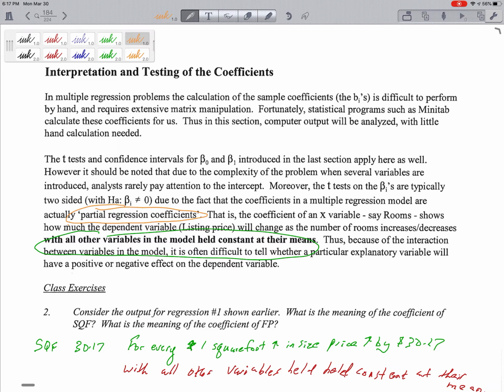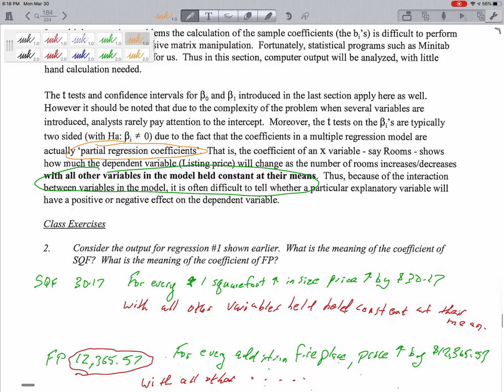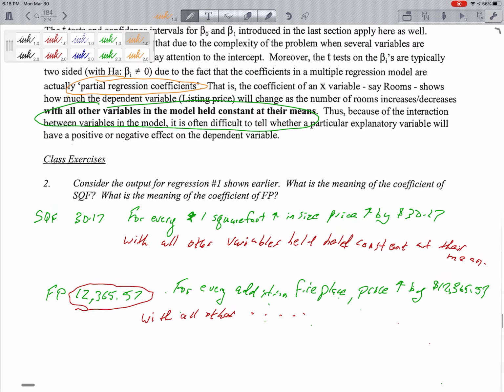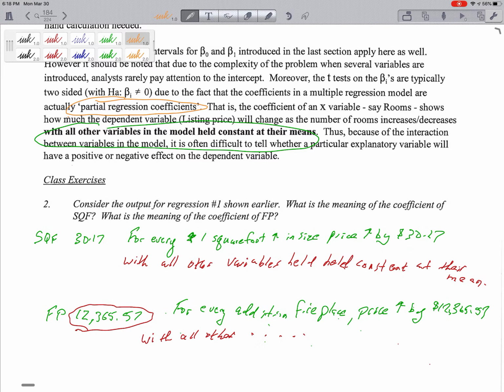They're actually dependent on the other ones being held constant at their mean, and what would happen if you just increased that particular variable. Now, because of that, when we get into doing hypothesis tests for the coefficients, we always do them as two-sided tests, and you'll see the p-values are always two-sided tests, and that's because of the interaction of the x's with each other.